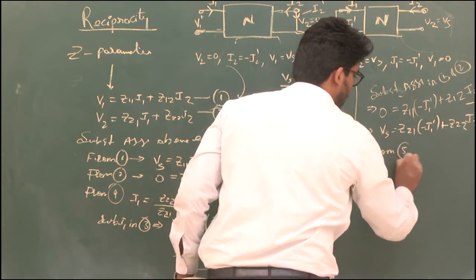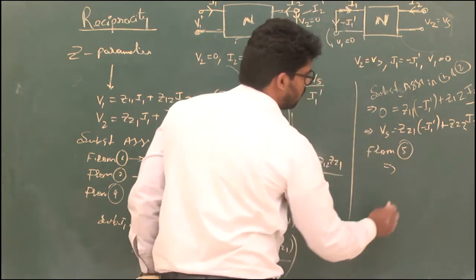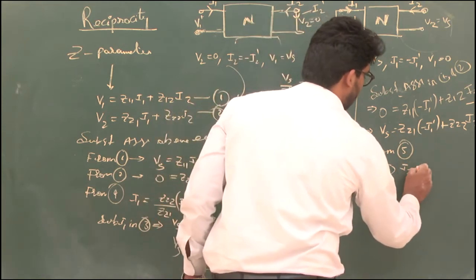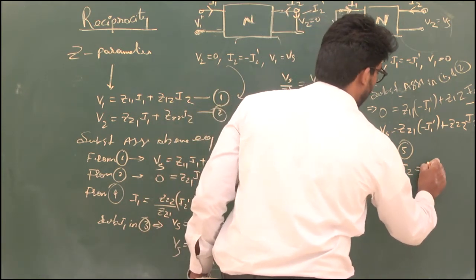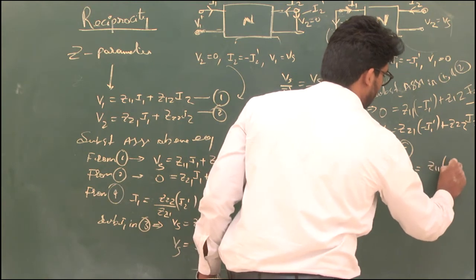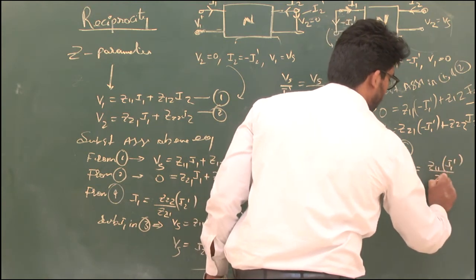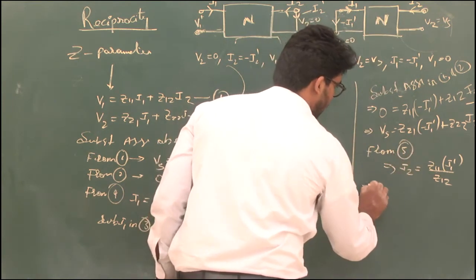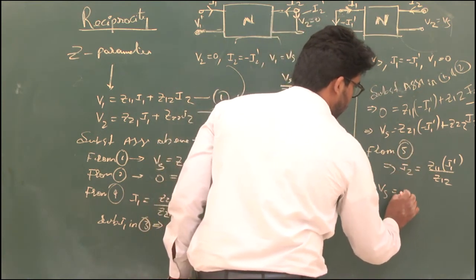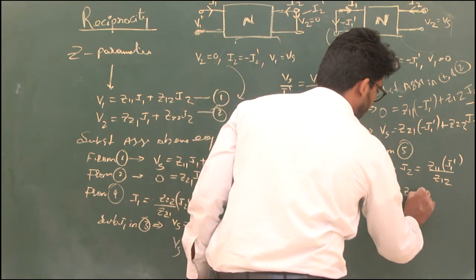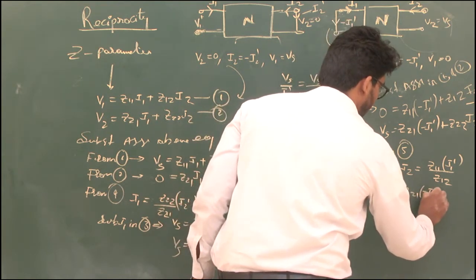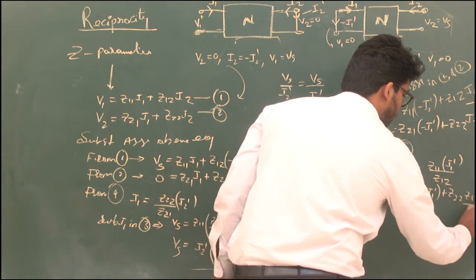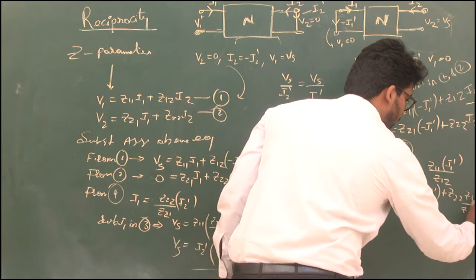From 5, we need I2 equal to Z11 I1 dash by Z12. So substitute I2 in equation 6, you will have Vs equal to Z21 times minus I1 dash plus Z22 Z11 by Z12 into I1 dash.